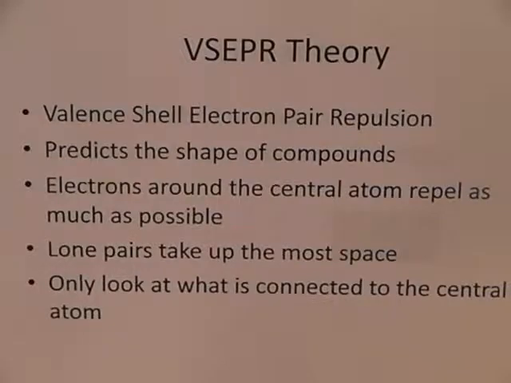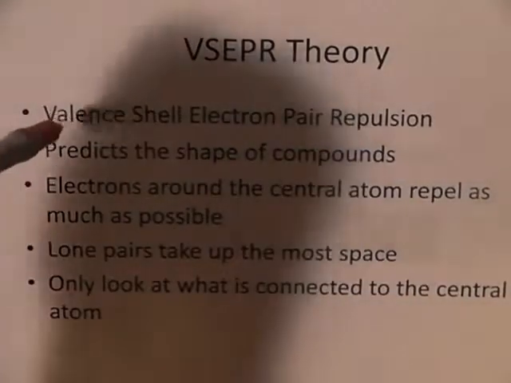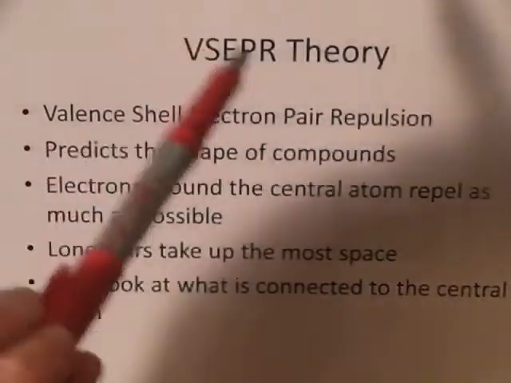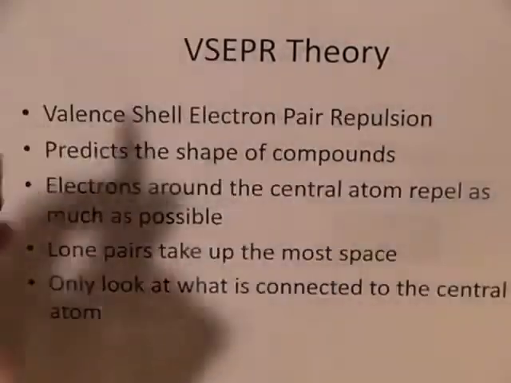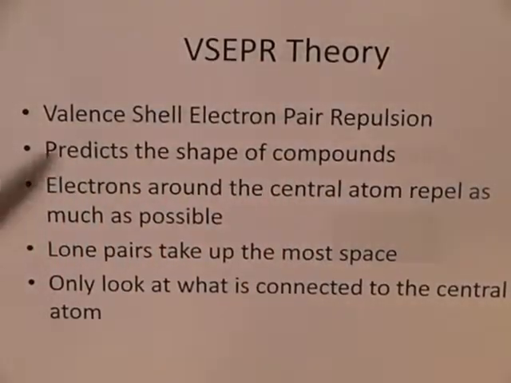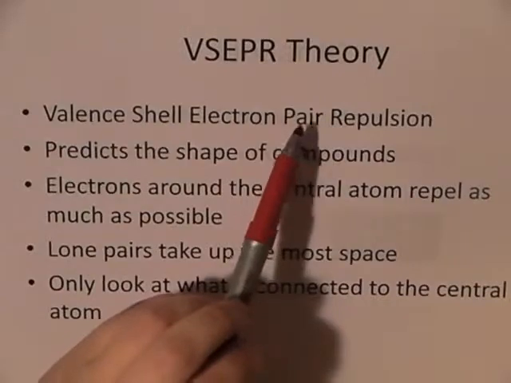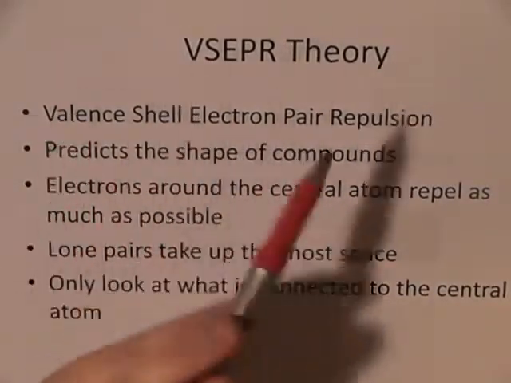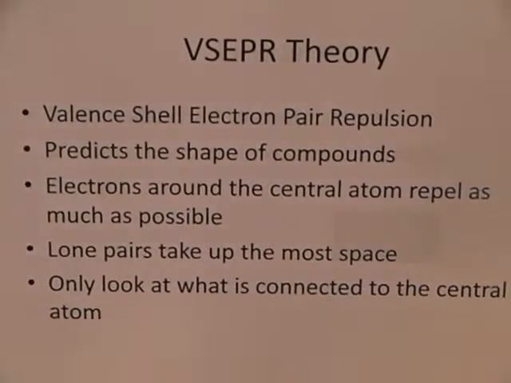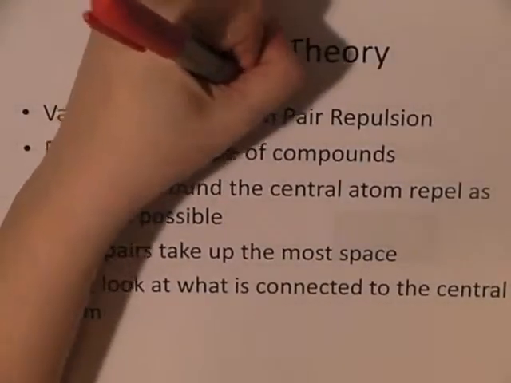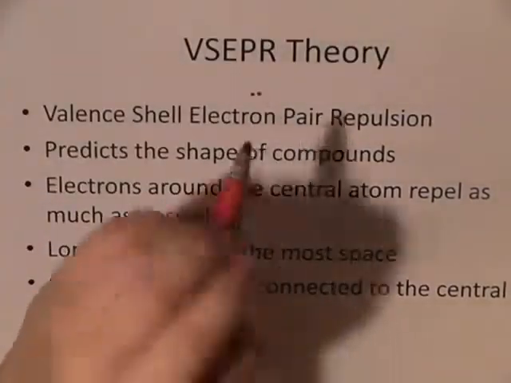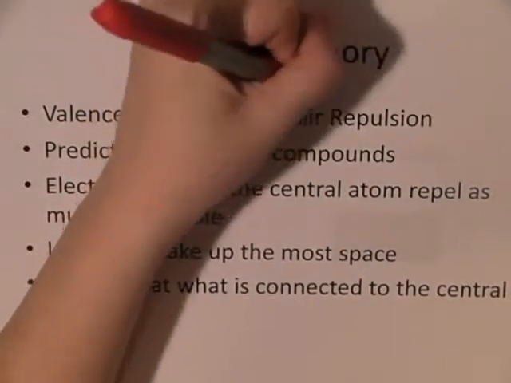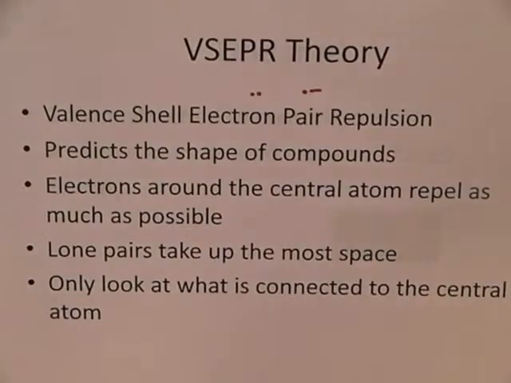Okay. So think about what this is saying. Valence shell electron, right? So we just know those are valence electrons, outer shell electrons. Pair repulsion. So we know that all around the nucleus we have electrons, and we know some of them are paired up, in lone pairs, and then some of them are by themselves, and those are the ones that will form bonds eventually.